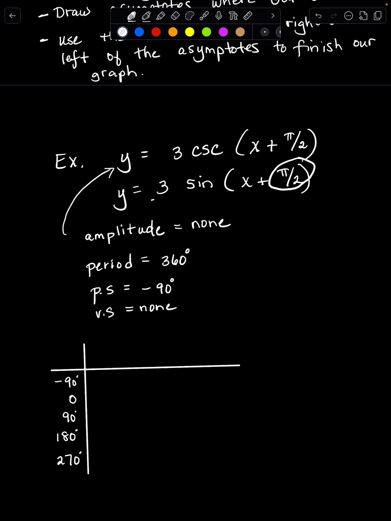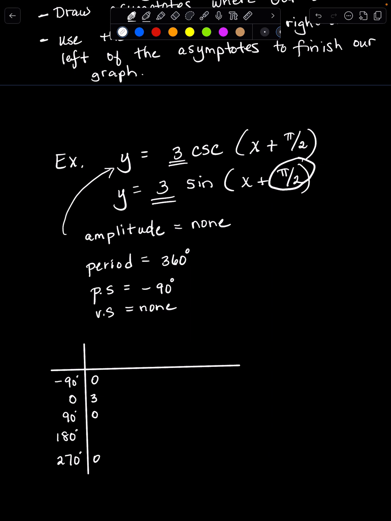In this case, I've got an a value of 3, which means instead of 0, 1, 0, negative 1, 0, I'm multiplying that by 3. My zeros stay the same, because anything times 0 is 0. My 1 becomes 3, because 1 times 3 is 3.